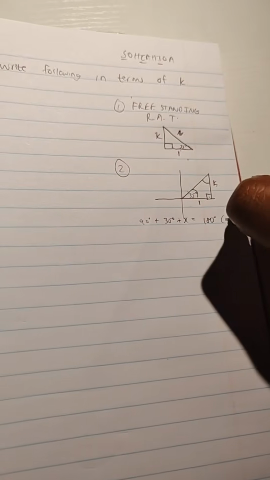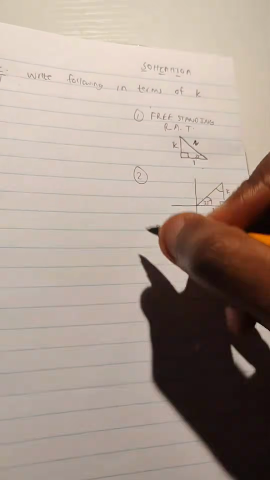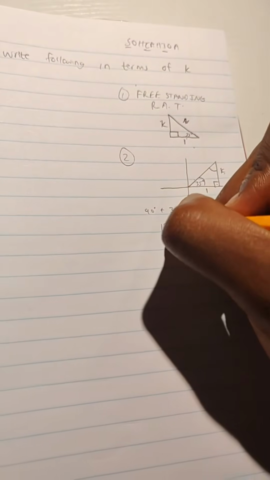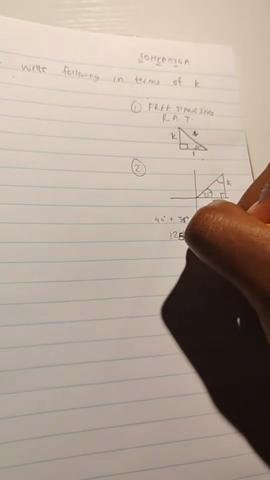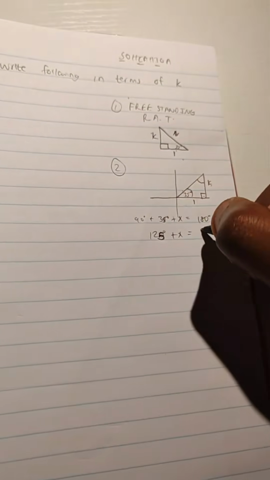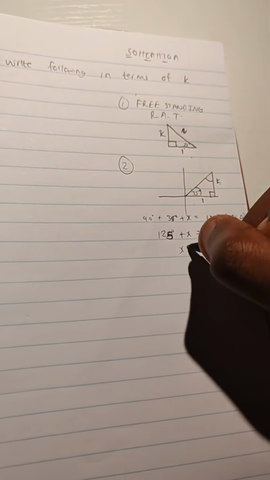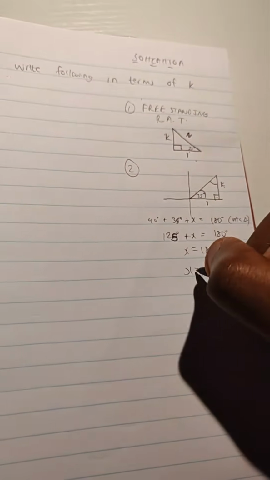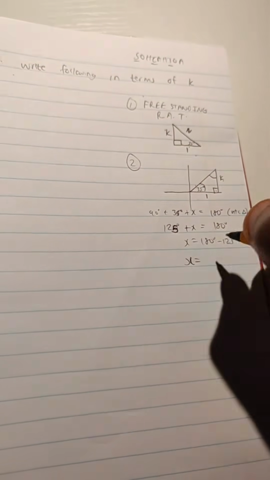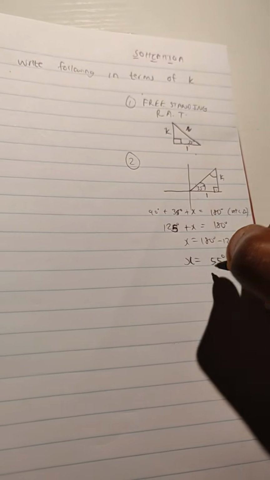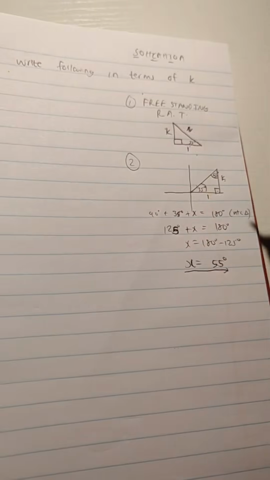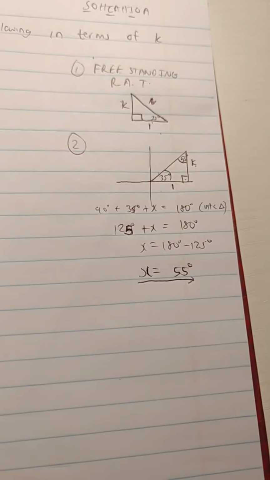We know it's the interior angles of a triangle. 125 degrees plus x is equal to 180, so x is equal to 180 minus 125 degrees. Our x value is 55 degrees. We pop that in there.